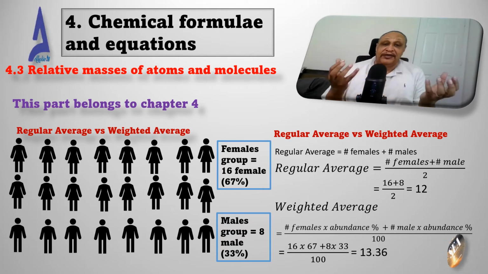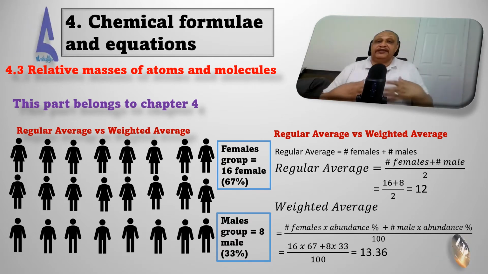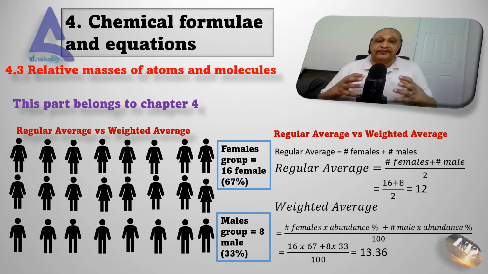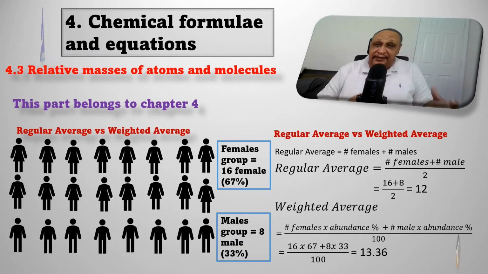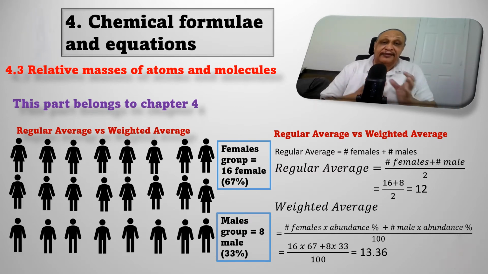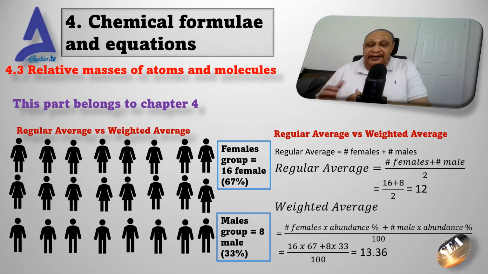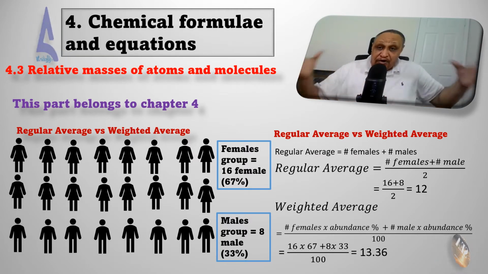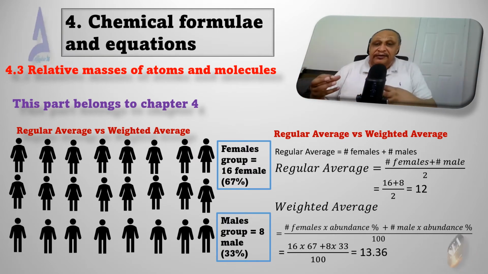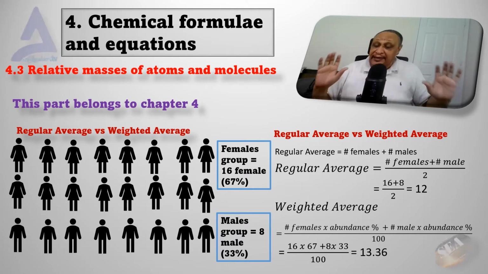So that means the whole community is formed of 24 persons, right? 8 plus 16 is 24.